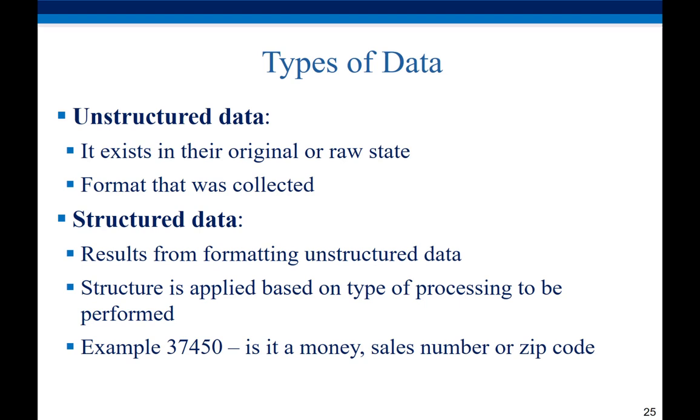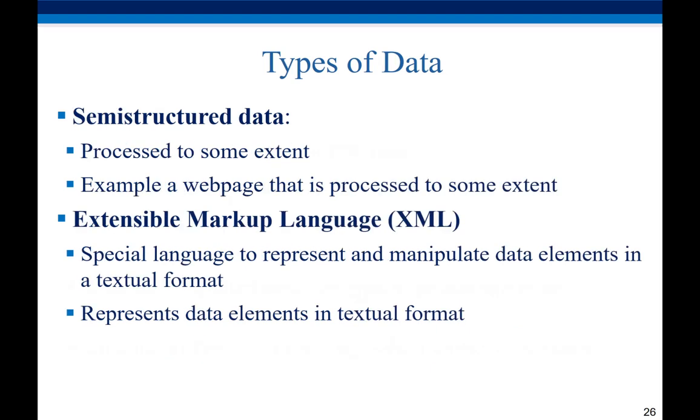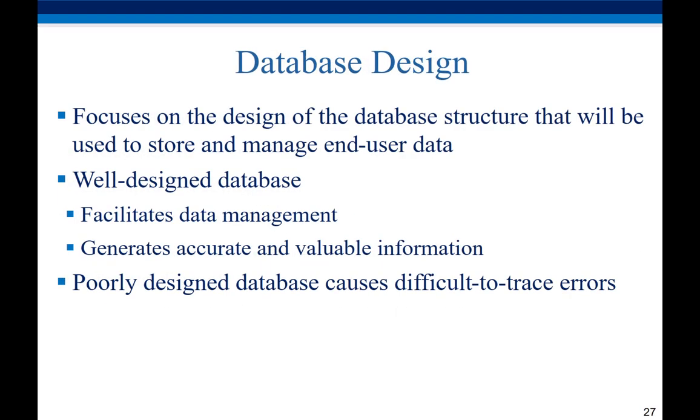And I gave you the example, 37450, is it money, sales tax, or sales number, or zip code? Semi-structured data is often used as well, such as XML. Database design, again, focuses on the structure that's going to be used to store data. You're going to need to create different databases, and you're going to actually be creating ERD designs, which will have the layout of the database.